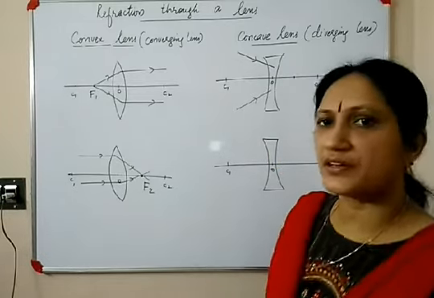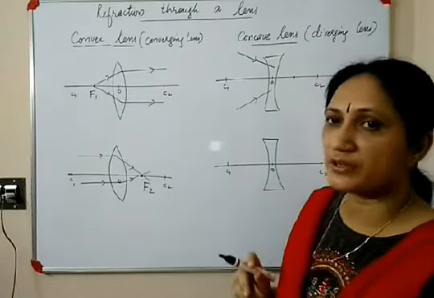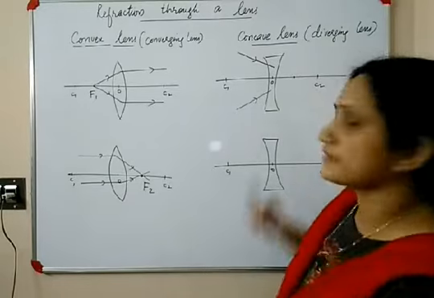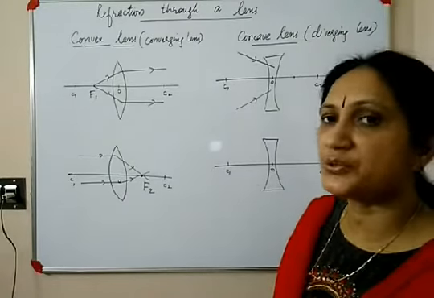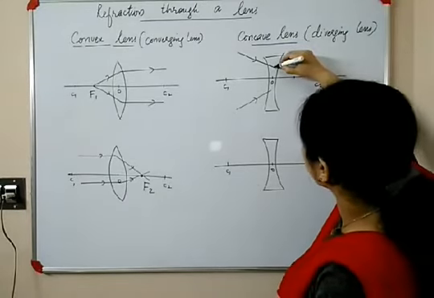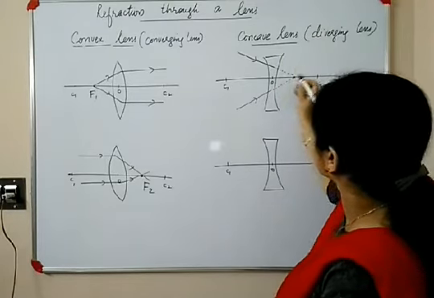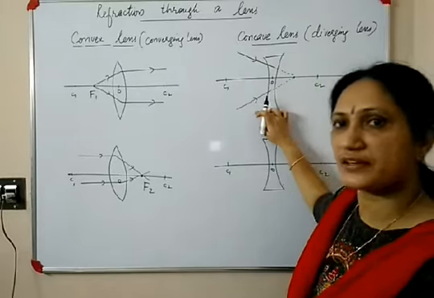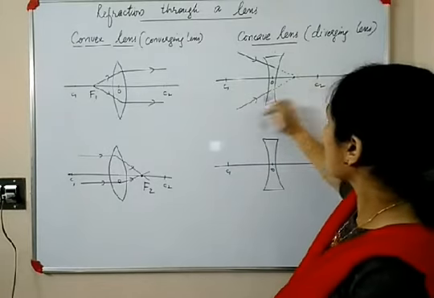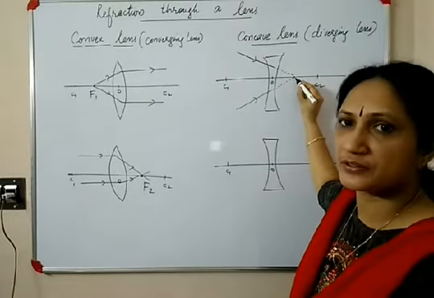Look at two light rays falling on a concave lens. Then these light rays are appearing to meet at a point. I mean, if you extend them, these two incident rays are appearing to meet at a point.